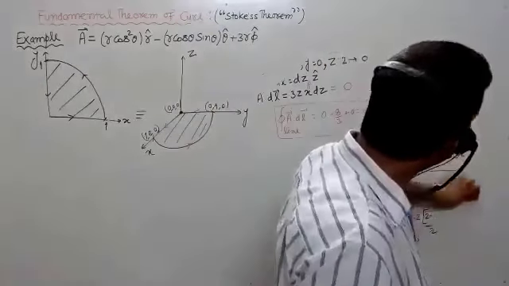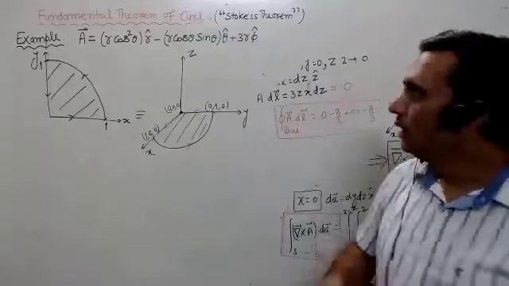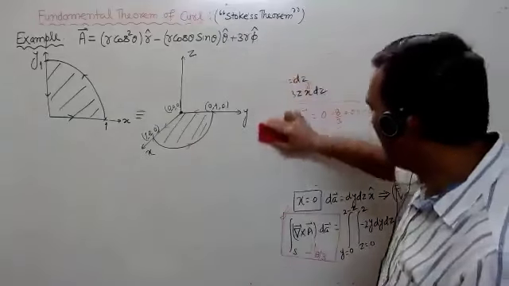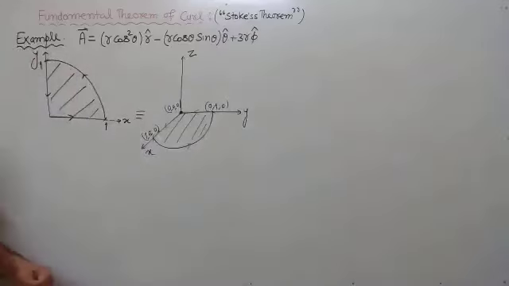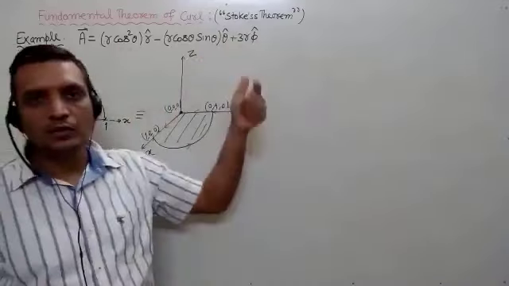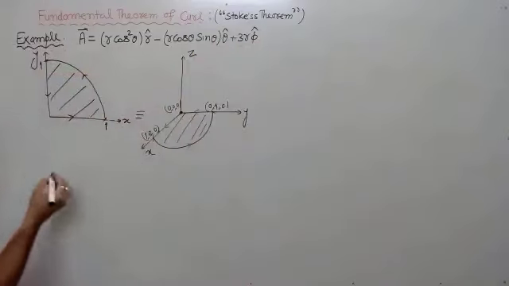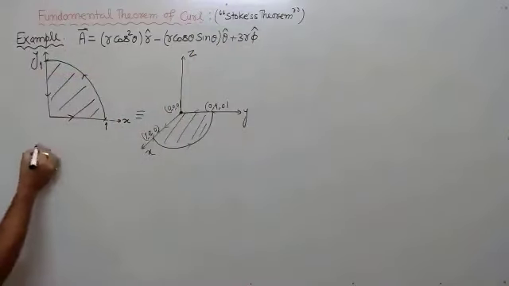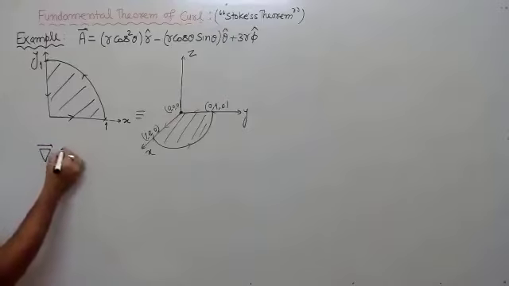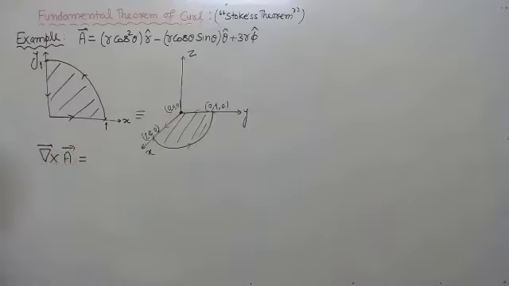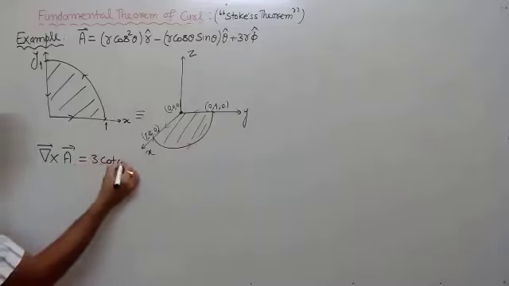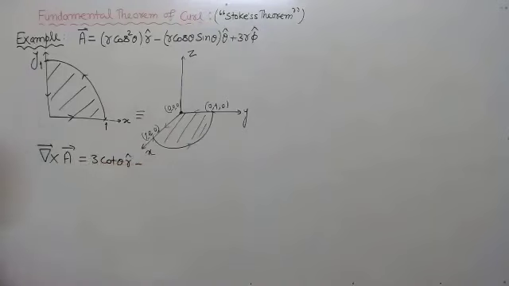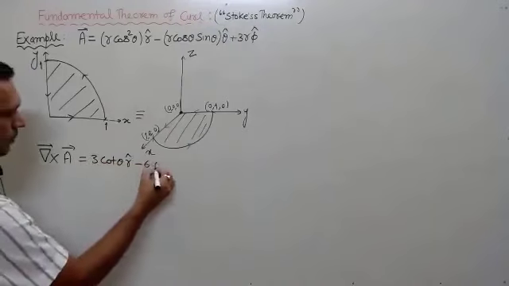So first, find curl of A. We have already calculated curl of A for the same vector. When we discussed curl of a vector, I gave you the same vector function and you calculated curl of A. So you can easily verify this. In spherical polar coordinate, I have calculated this as 3 cot theta r cap minus 6 theta cap.